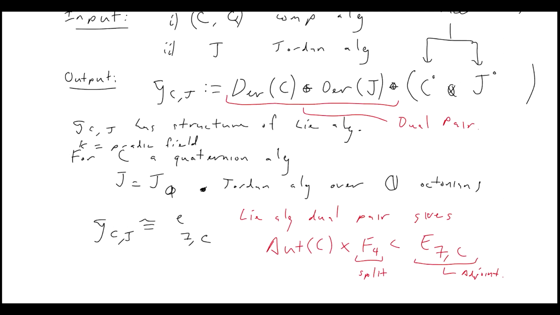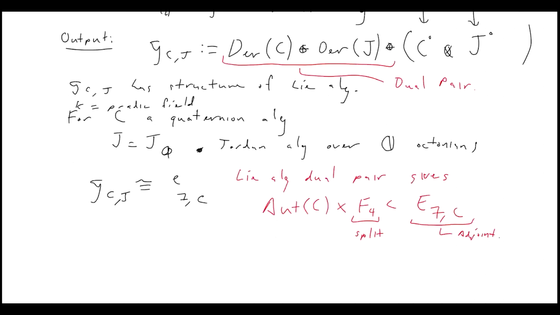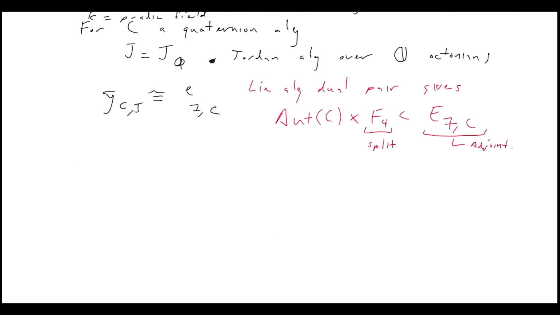Oh, sure. Yeah, in Tits's second construction, the C and the Jordan algebra are distinct inputs. Okay, so this gives us one realization of the dual pair that we're going to be using for the exceptional theta correspondence.